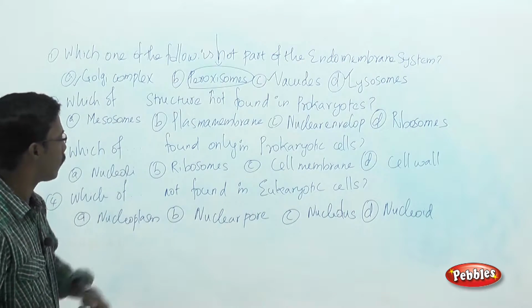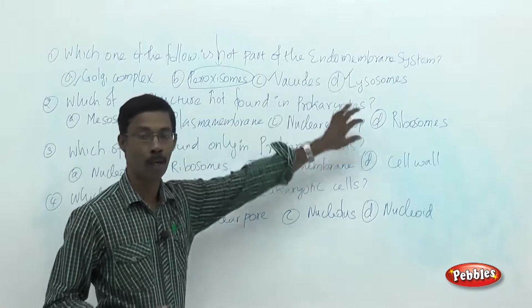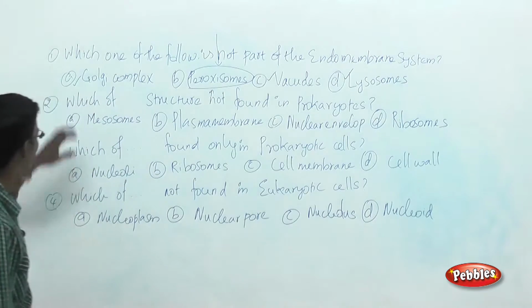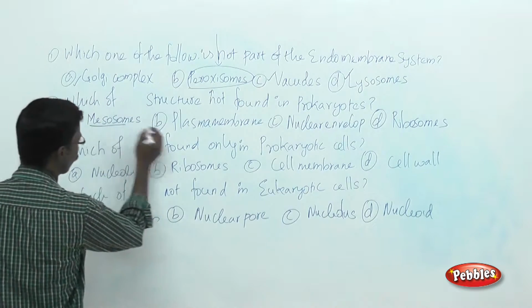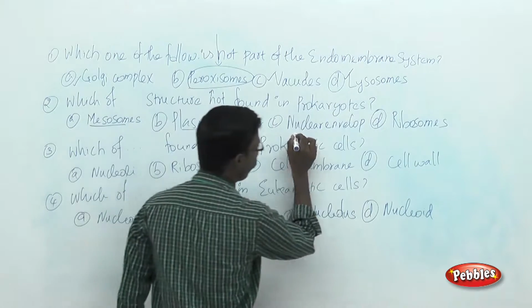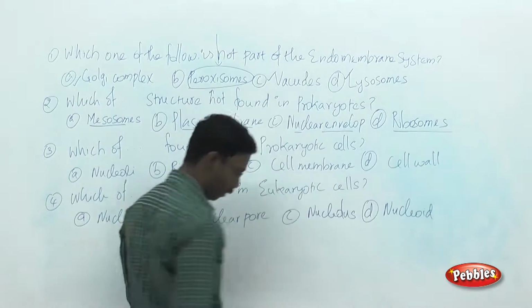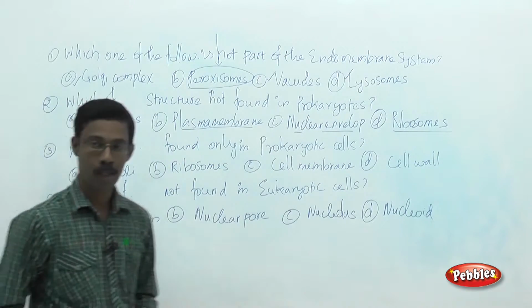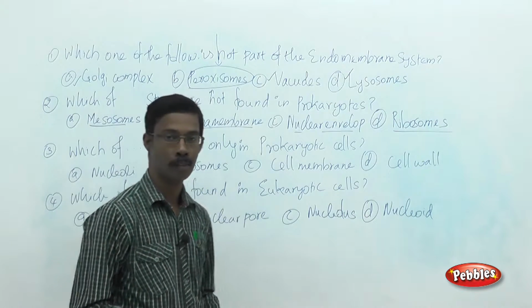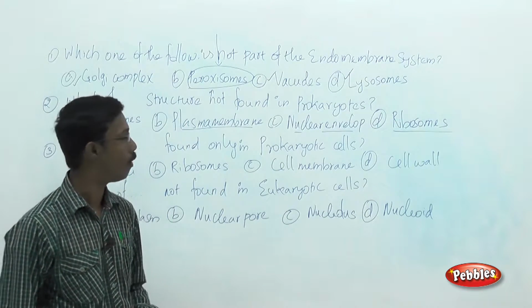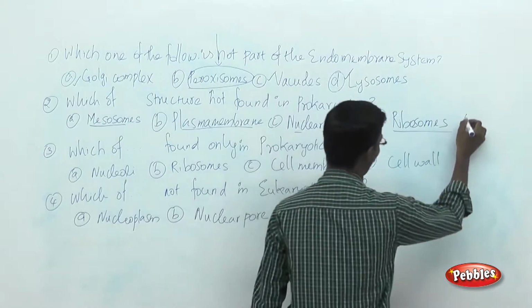Which of the following structures is not found in prokaryotic cells? And you can see the answers: mesosomes, plasma membrane, nuclear envelope and ribosomes. Okay, so as I told you in the last few classes, most of the students get confused with the term ribosomes.